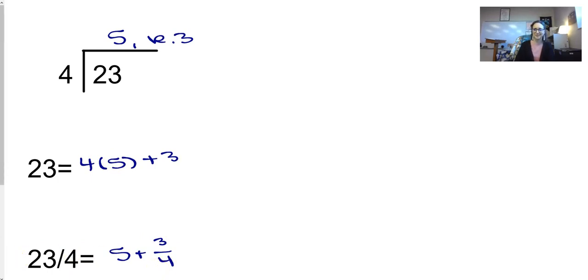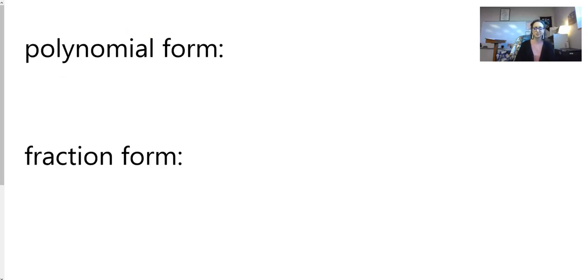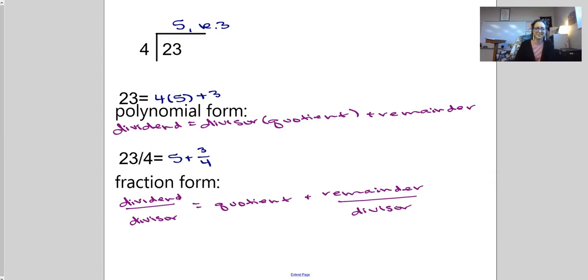I know that's a lot of vocab, so let's go ahead and write that down. This is kind of your two forms once we go back to the polynomials. So polynomial form is that, let's put the definitions with these analogous real valued problems so you can see that.